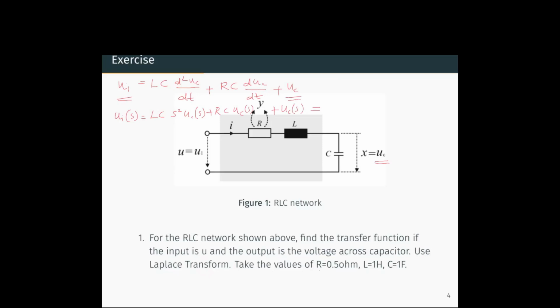After substituting the values of resistance, inductance and capacitance, we will get s square plus 0.5s plus 1 into UC of s. Now the ratio of the output UC of s divided by the input Laplace transform UI of s is equal to 1 by s square plus 0.5s plus 1. So this is the transfer function of this electrical network, which gives us the relation between the output UC of s and the input UI of s.